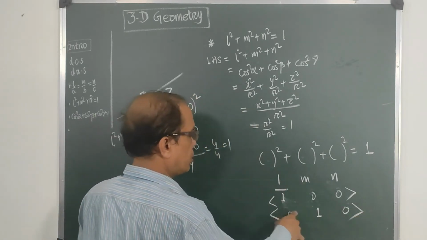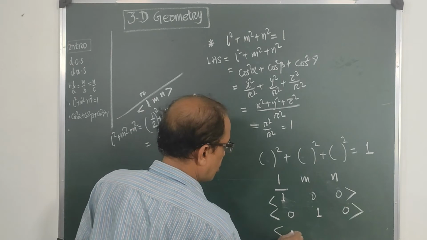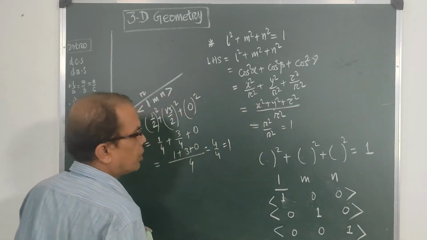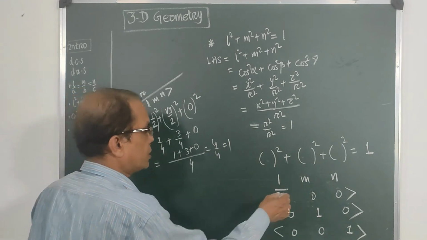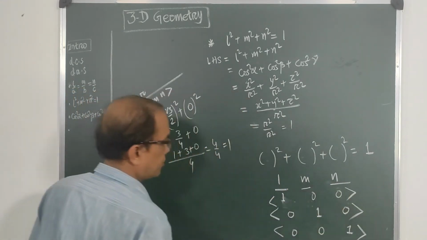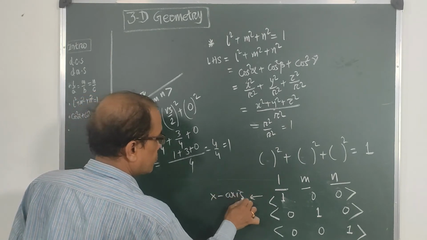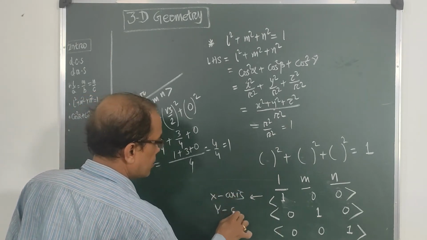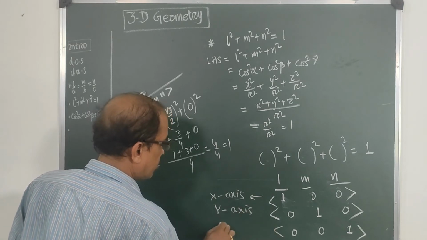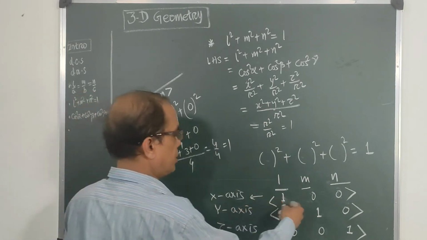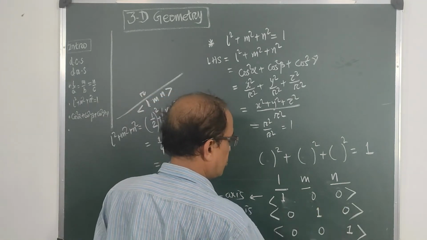If M becomes 1, then L and N should be 0, or if these two are 0, the third must be 1. So these are the DCs, and can you guess whose DCs they are? This is for the x axis, this is for the y axis, and this is for the z axis. And these lines have the DCs 1 0 0, 0 1 0, 0 0 1.